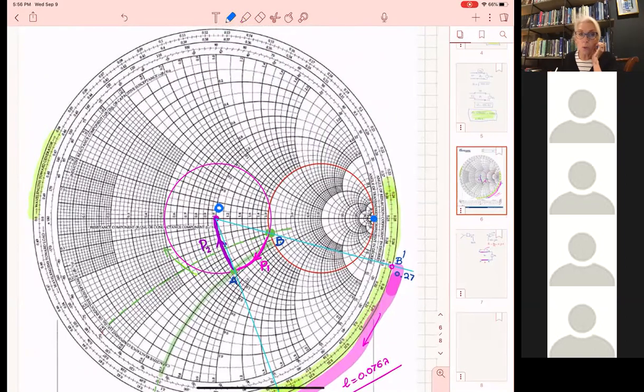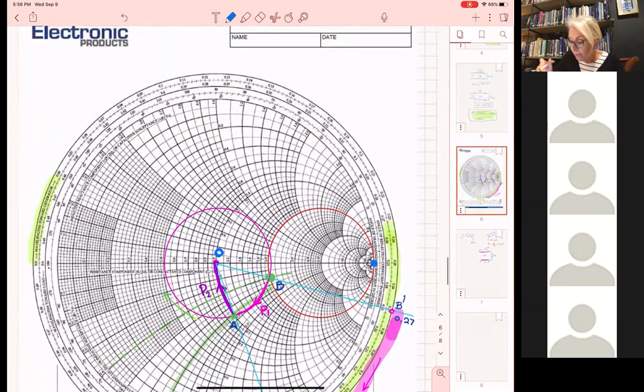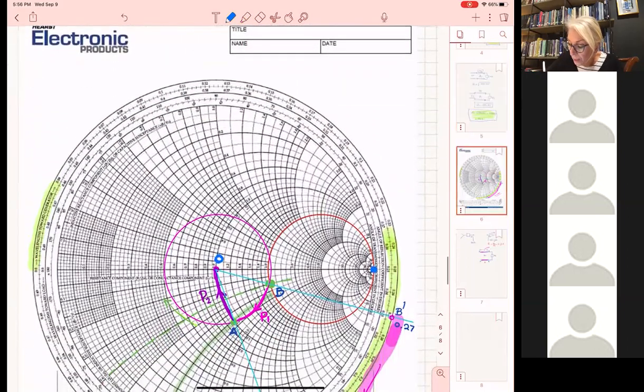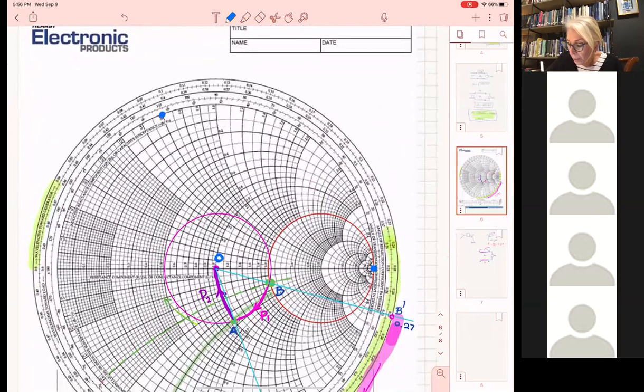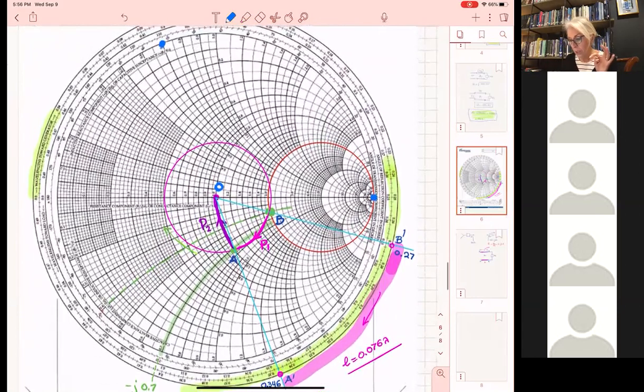That's the load of my stub, infinite impedance. And I have to move along the stub, the length, until I find this point, which is 0.7, because at this point, the input impedance of the stub is going to be j0.7, which I need to move from A to O.